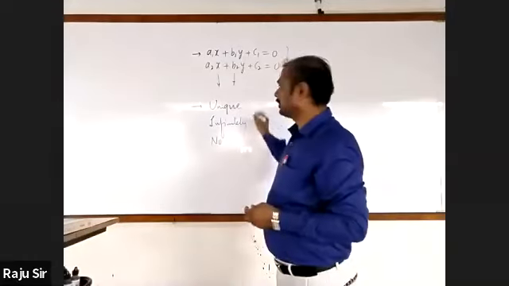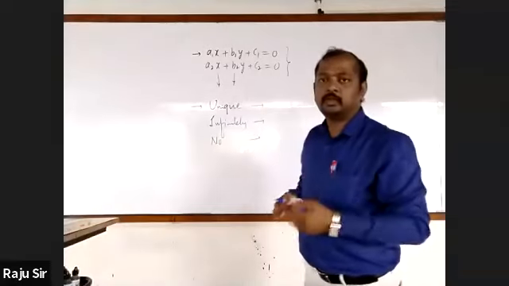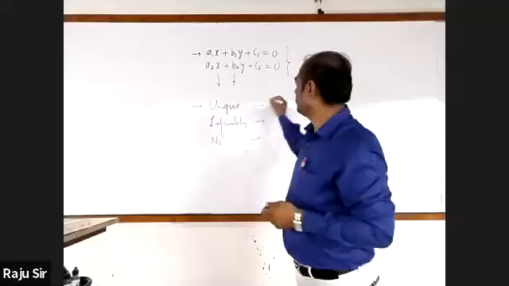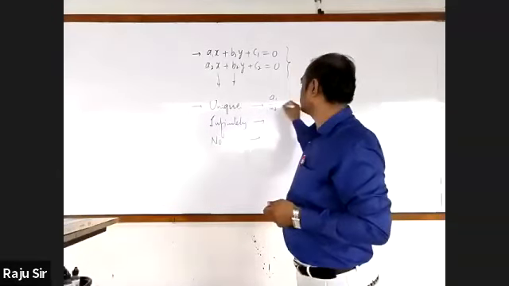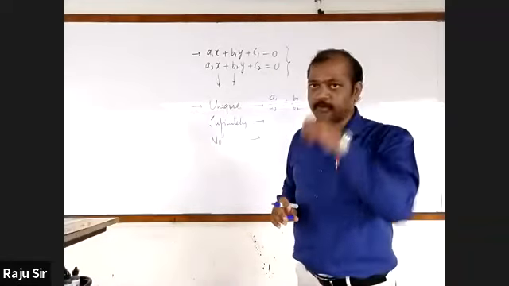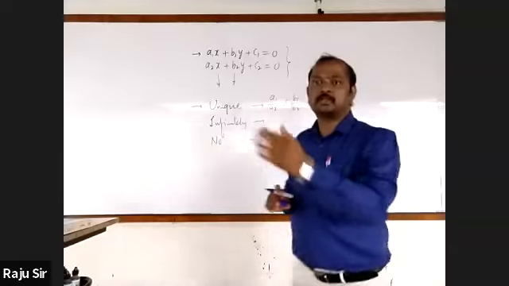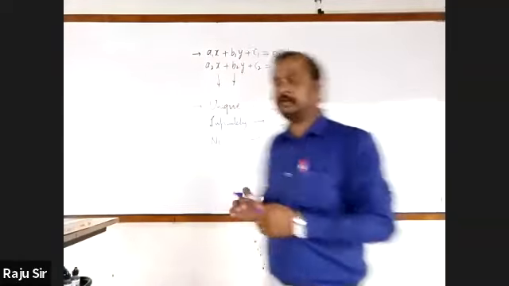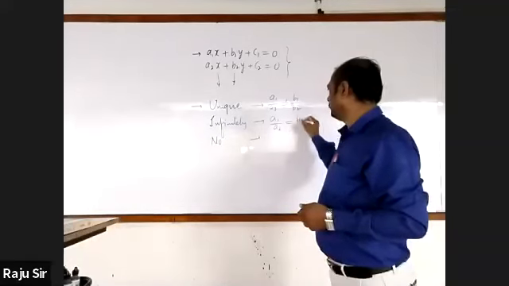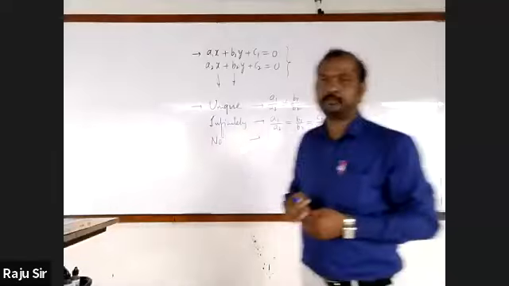And we also know the condition for each of these. For a unique solution, the first two ratios will not be equal: a1 by a2 is not equal to b1 by b2. Just recalling it. Next, for infinitely many solutions, all three ratios will be equal: a1 by a2 is equal to b1 by b2 is equal to c1 by c2.